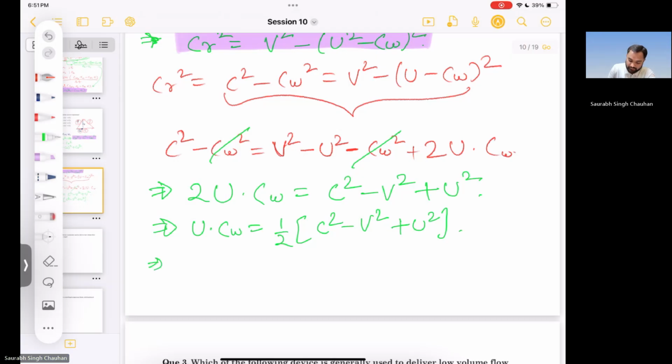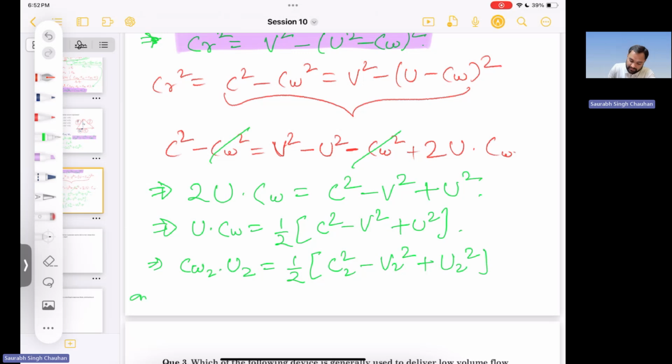So CW2 U2 will be 1 by 2 (C2 square minus V2 square plus U2 square), and CW1 U1 will be equal to half (C1 square minus V1 square plus U1 square).